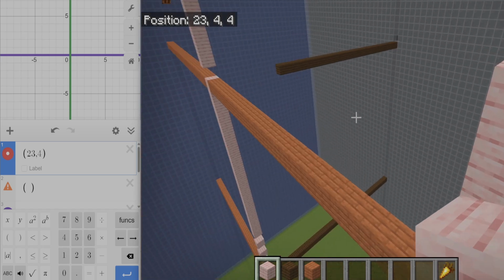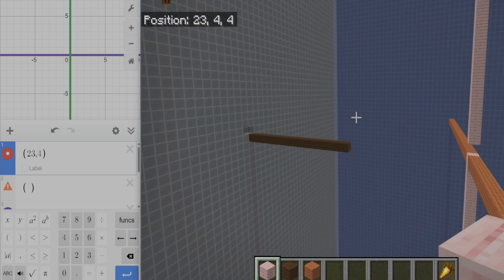What this means is we can take mathematical concepts that exist outside of Minecraft. We can take algebra, and we can start moving things over, right?